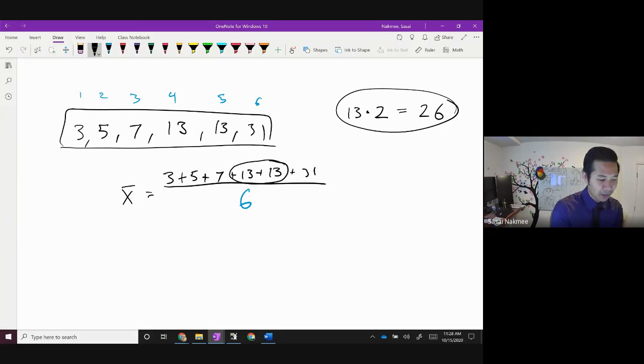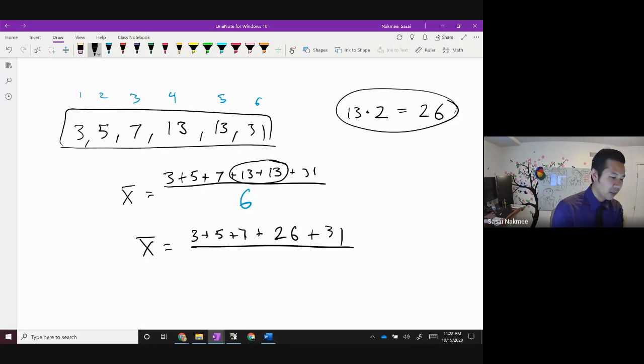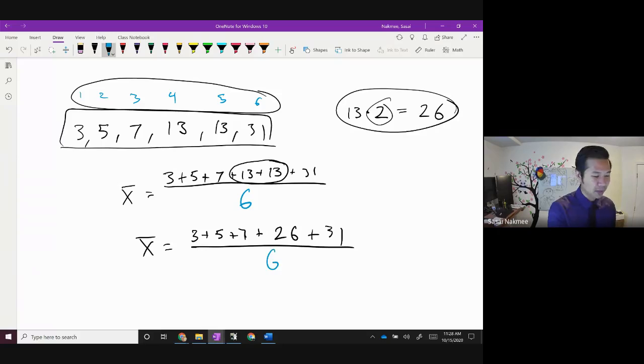Instead of writing out 13 plus 13, I could write 3 plus 5 plus 7 plus 26 plus 31. And that 2 is like your weight, like your frequency. So the total number of numbers I have here is still just 6. It doesn't change that value.